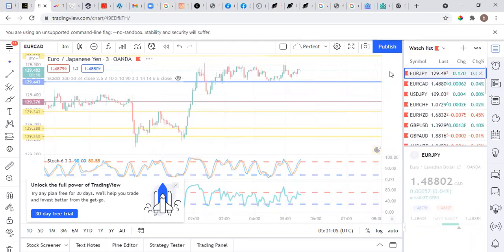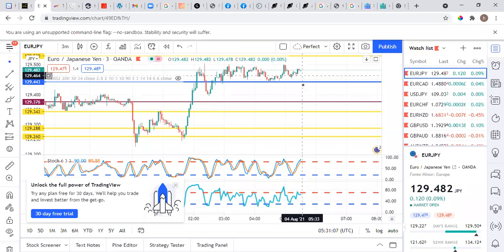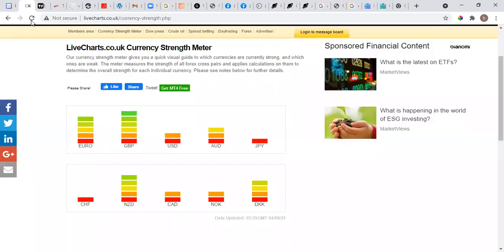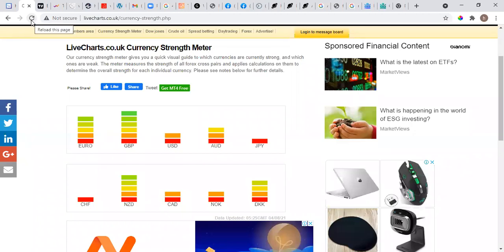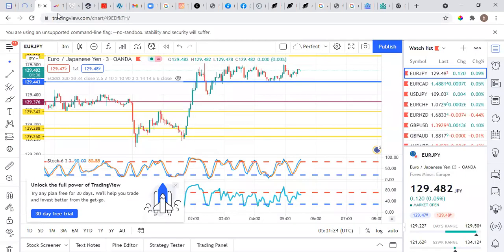Guys, this thing is not yet ready, okay? For Euro JPY, the euro is stronger, so I'm looking for a buy. Before I can buy, I want it to get to my support line, and I also want it to be oversold so that I can buy. That's what I'm looking for right now for Euro JPY. The euro is way stronger.